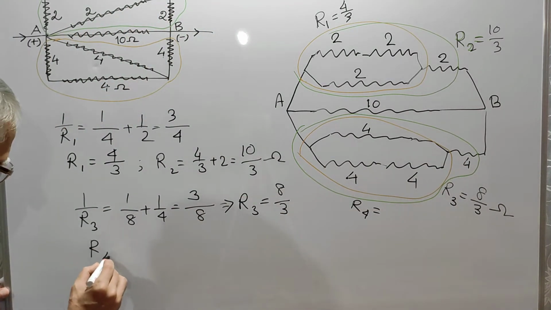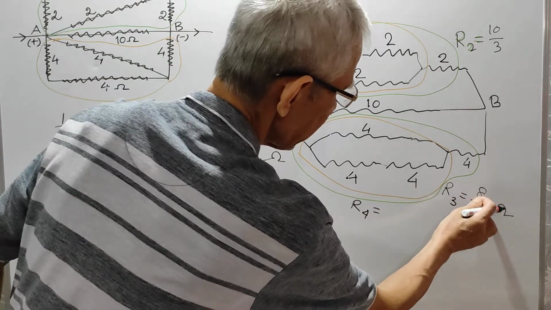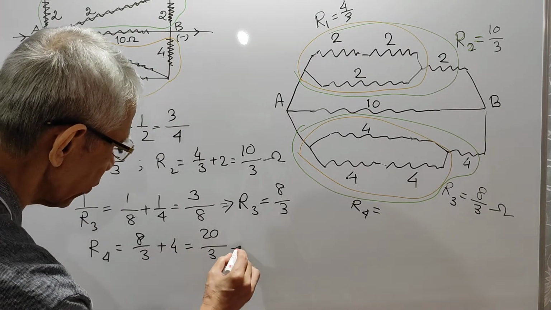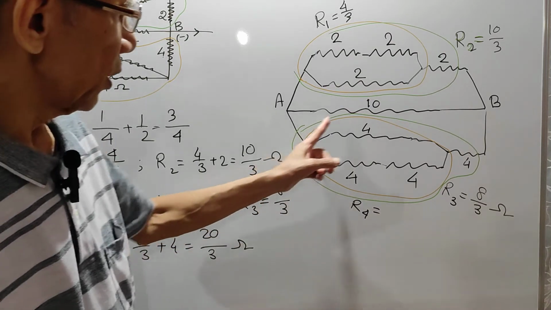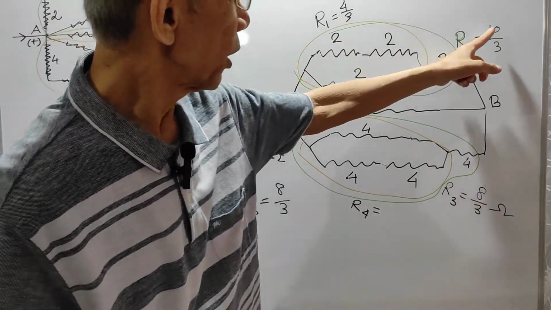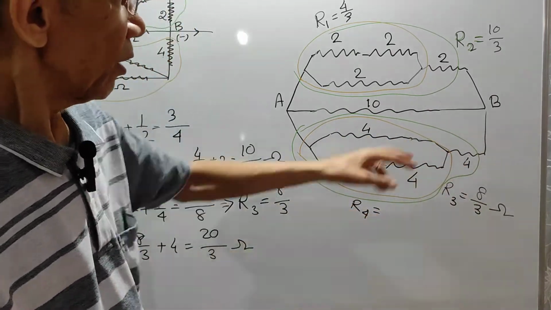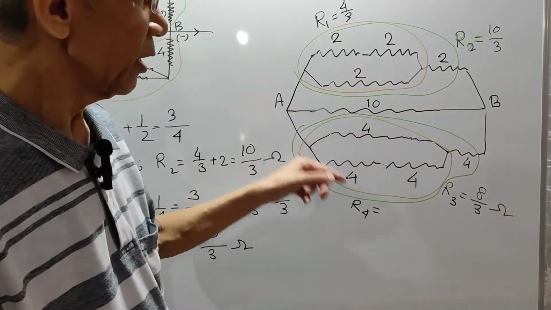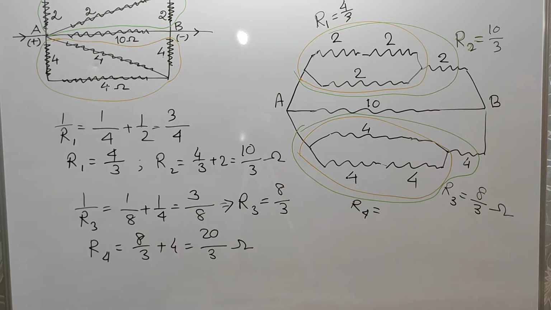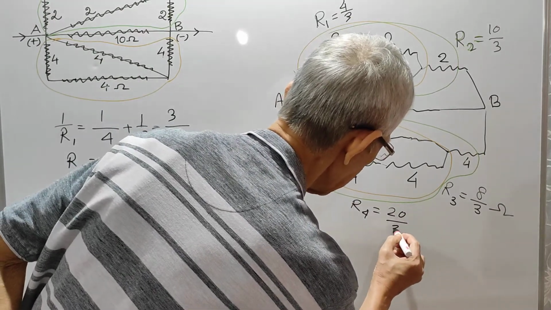So R4 is 8 by 3 plus 4, that means 20 by 3 ohm, that is this whole group. So R4 equal to 20 by 3 ohm.